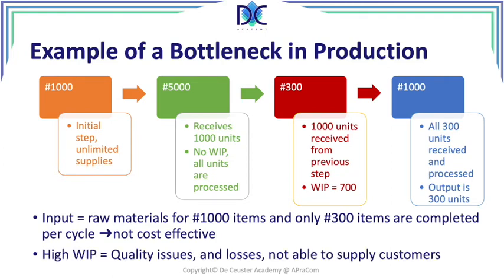There is high WIP, there is a lot of work in progress, certainly in this case, in front of the third step. We can have quality issues, losses, and we may not be able to supply the customer.